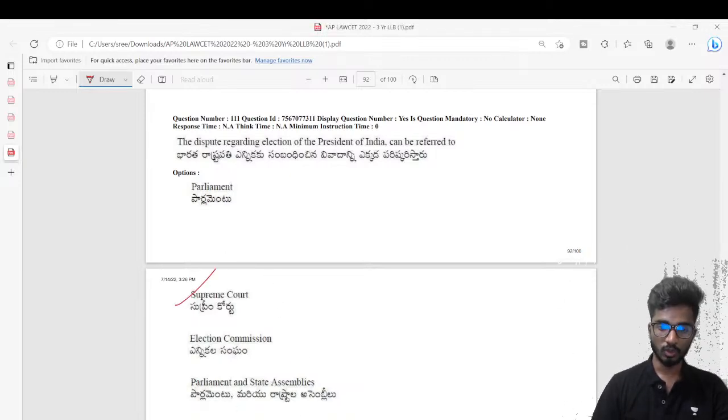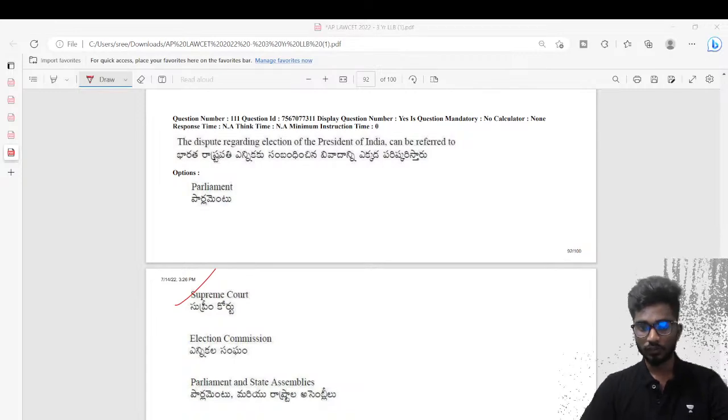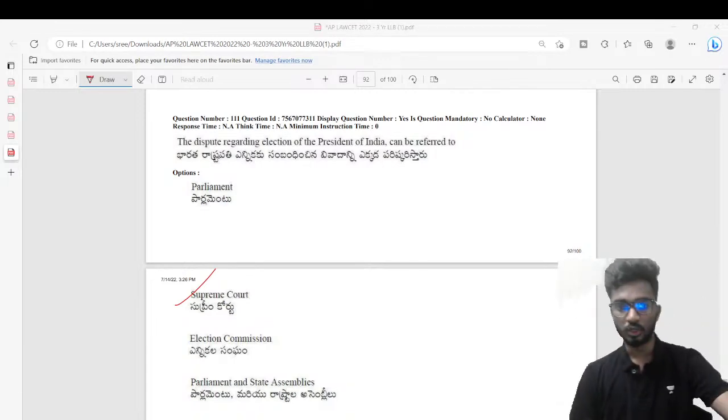All disputes relating to the President of India will be referred to the Supreme Court.